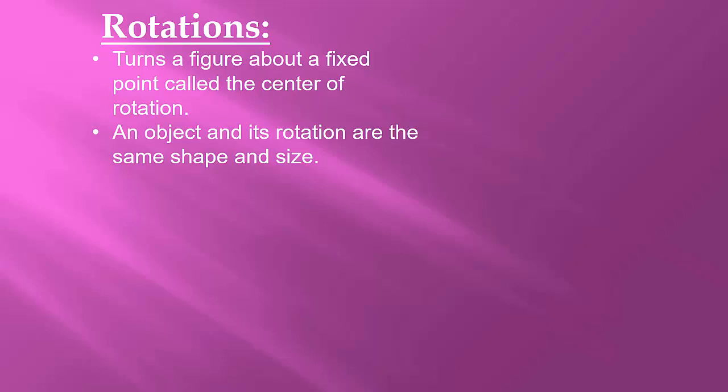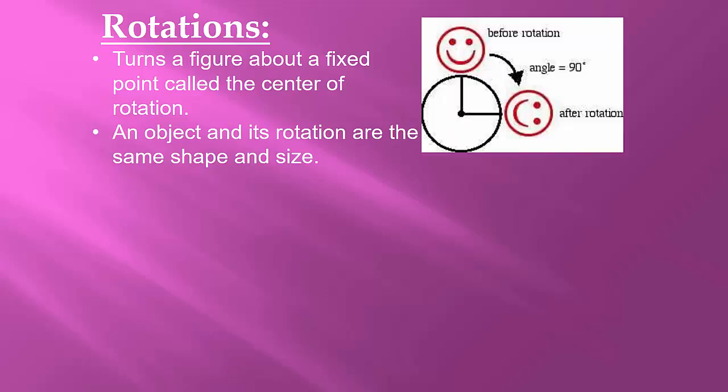So if you are dealing with an image and it has changed shape or size, then you realize that more has taken place than just a rotation. So here we have an example of a rotation that has taken place, and this would be a 90-degree clockwise rotation. Again, we'll talk about that more specifically tomorrow when we deal with rotations.